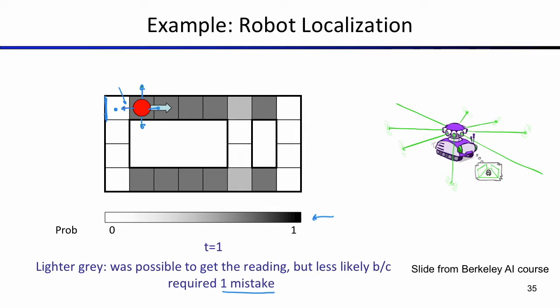So that is one mistake. The second mistake is this sensor here that's saying there is a wall on the bottom, but actually there is no wall here. So in order to be in this position, it would require 2 mistakes, and this position will be impossible given our assumption of 1 mistake at a time.